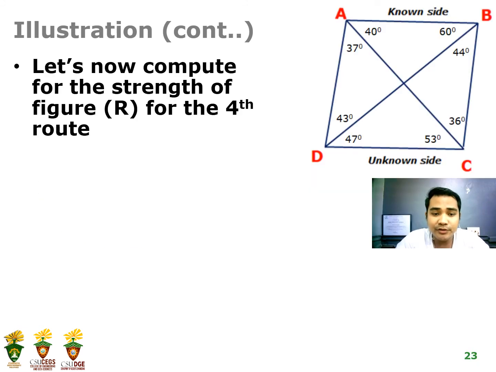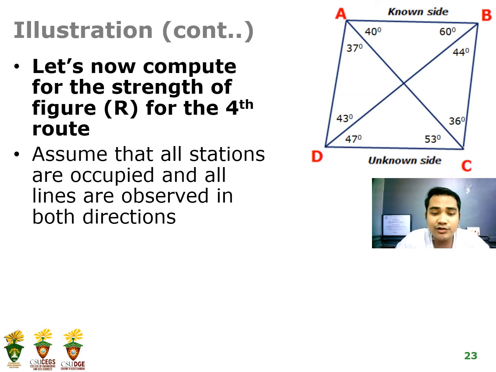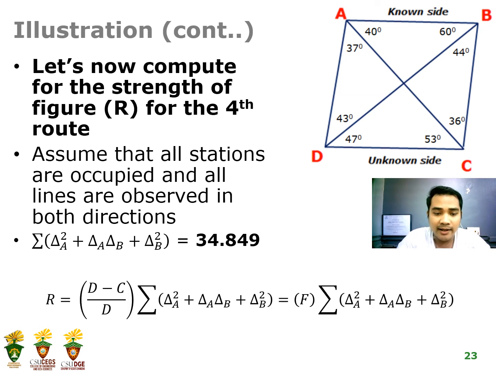Now let us compute for the strength of figure, or R, for the fourth route, sa katong illustration ganina. So assume that all stations are occupied and all lines are observed in both directions. We have this value 34.849, which is ito ang nakuha kaganina, and we have this formula.